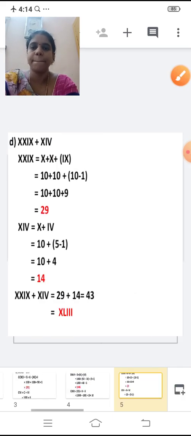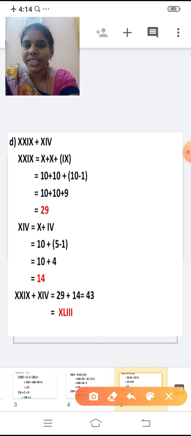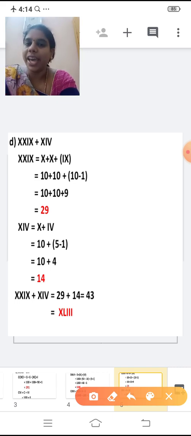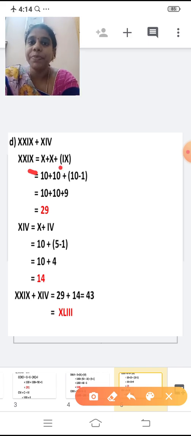Next one. XXIX plus XIV. Take the XXIX separately. We are going to change that into an Indo-Arabic number. X plus, again the smaller one is placed before the larger one, so take that separately. X plus IX.